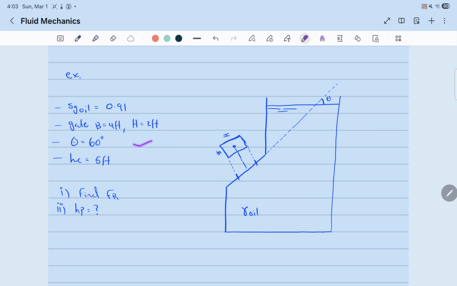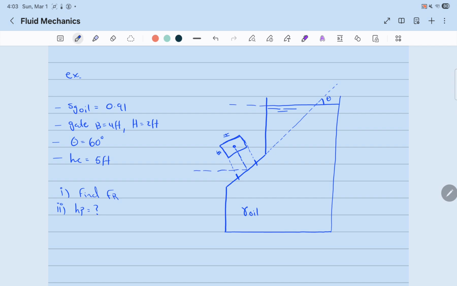We're also given the angle of inclination where the gate is placed, and we're also given the depth from the level of the surface to the centroid of the gate. So let's just label what we have.